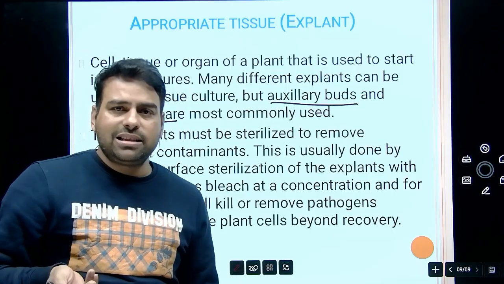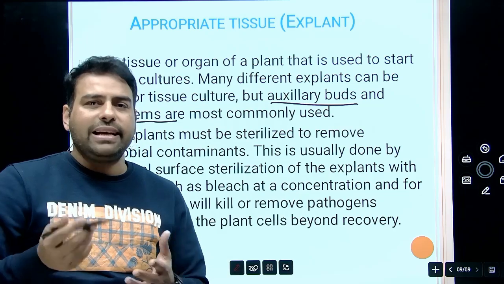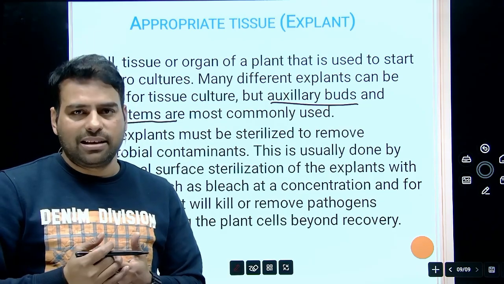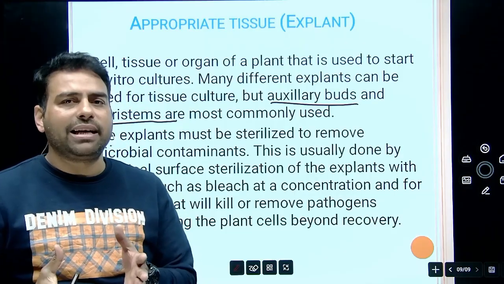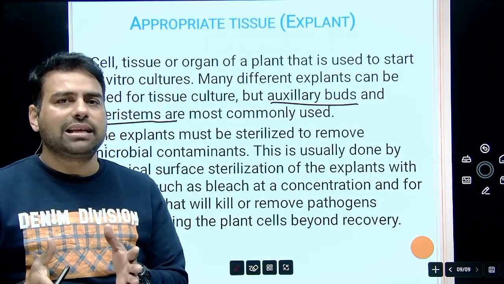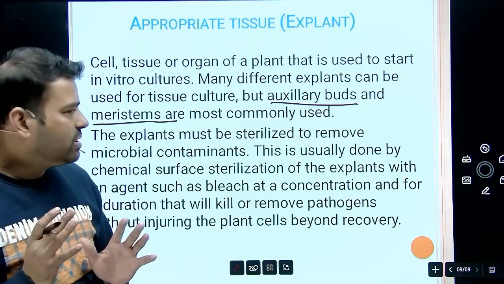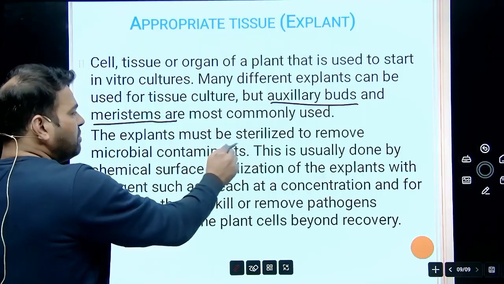Why are we taking these types of tissues? Because they are very highly growing. Due to their high growth, viruses and bacteria cannot multiply in these explants. So that's why we are using these explants. The explant must be sterilized.